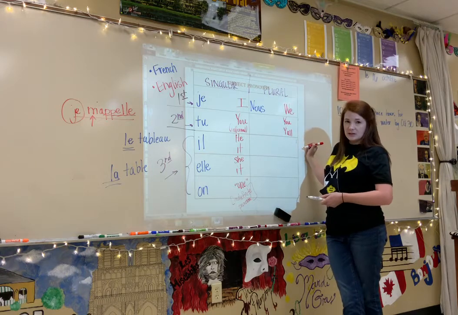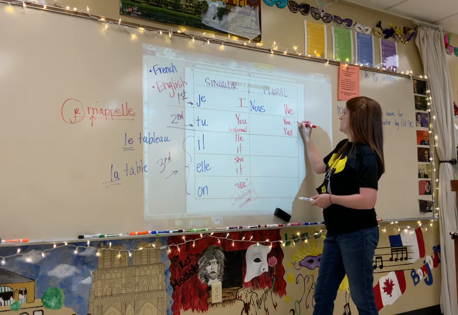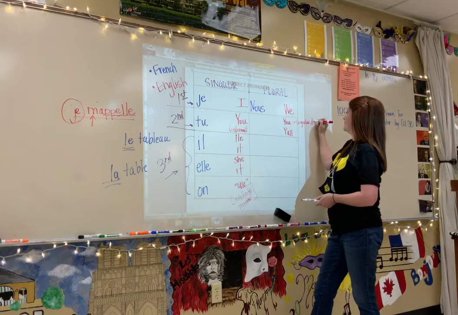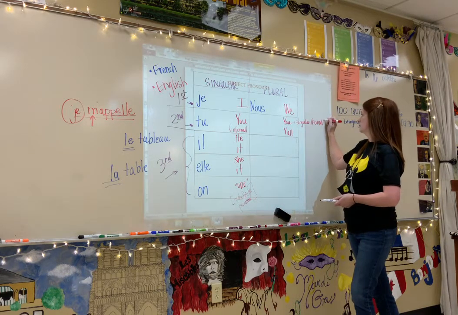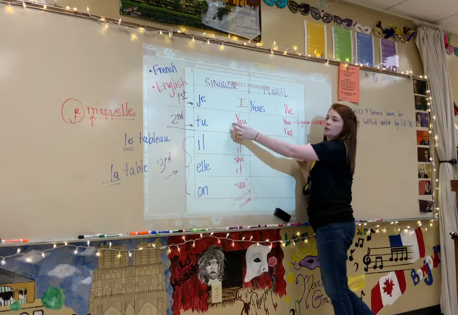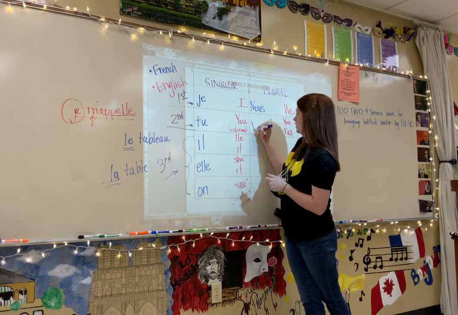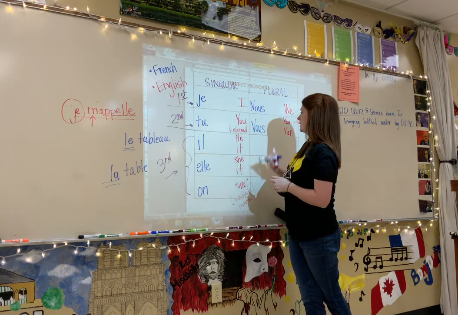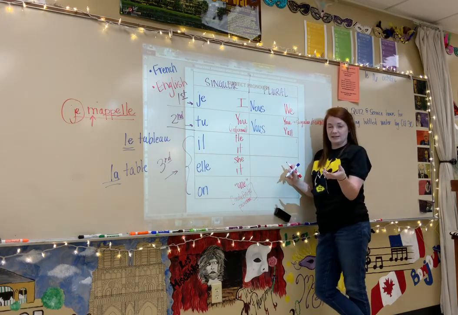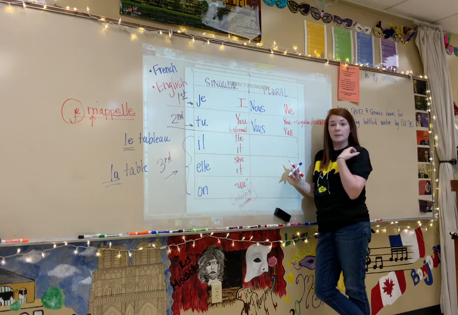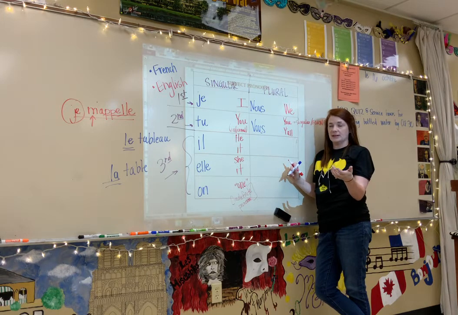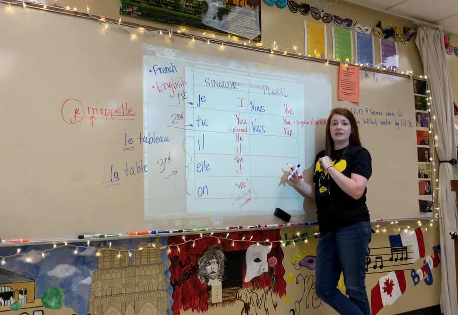And the reason it means two things is because this one is a singular way to say you, but it is formal. Okay, so this is your informal way to say you if you're talking to your friends. This, vous, if you remember from beginning of the year, is the formal way to say you. So if you're saying, hey, are you coming to the party, and you're talking to the president, you would say you using vous.